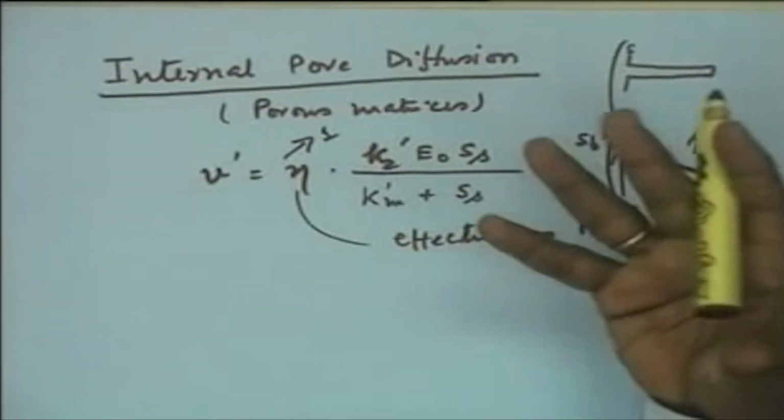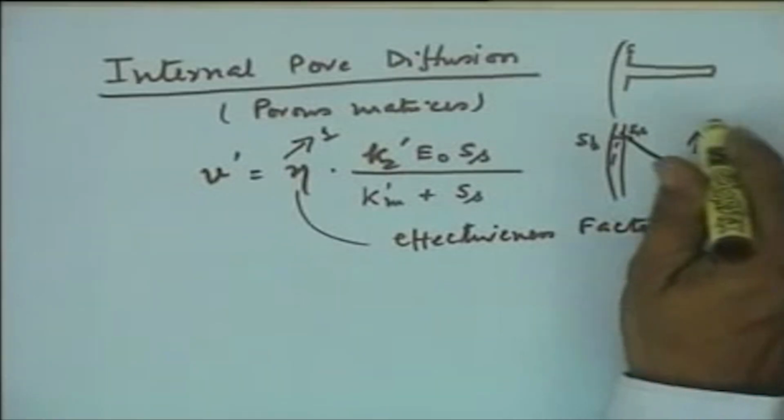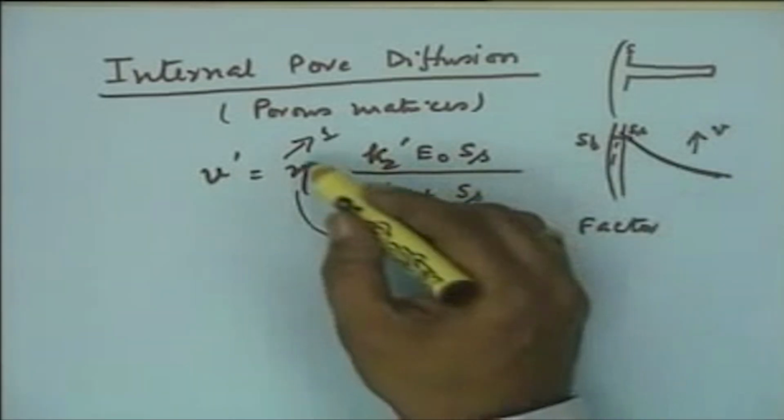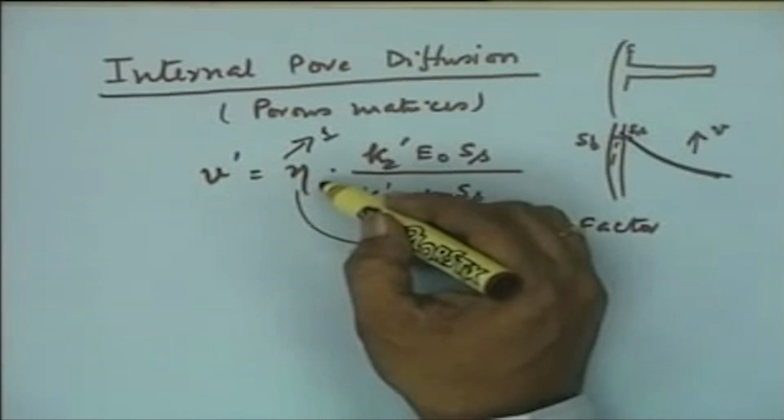When you take the whole particle into account, the bulk of the particle is experiencing lower substrate concentration, meaning higher reaction velocity, and so this ratio will become more than 1. Or in other words, if you take two particles, one of larger diameter and the other smaller, the reaction rate in the larger particle may be more than in the smaller particle. That is what it means by the effectiveness factor being greater than 1, and in many cases of substrate inhibited systems, this is a usual pattern which is noticed.